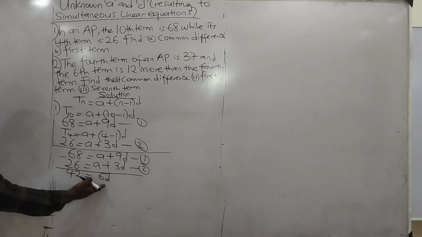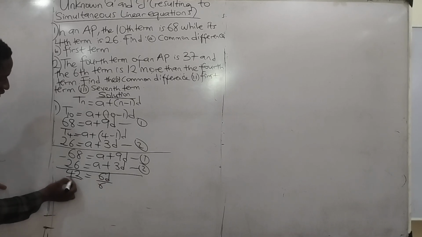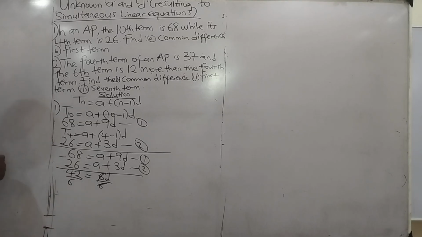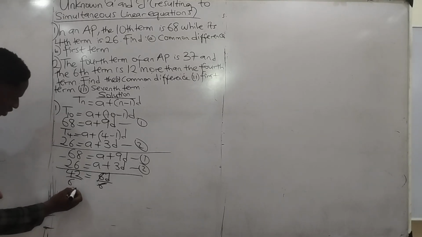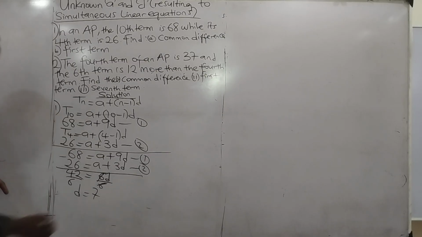So how do we get our d? We divide both sides by 6. 42 divided by 6 gives us 7. So d is equal to 7.